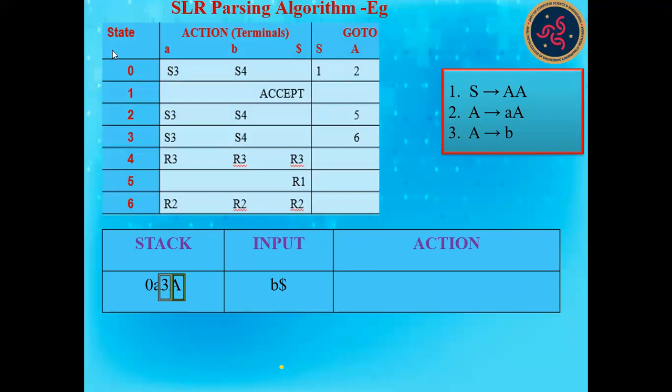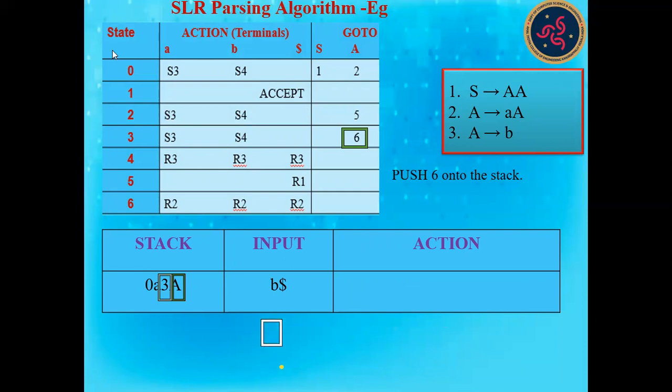Once we have done a reduce operation, after performing all the pushing and popping, take the top two symbols of the stack, and from the table find the value inside the goto part. You will find a value and push that value to the stack. So here I am pushing the value 6 onto the stack.